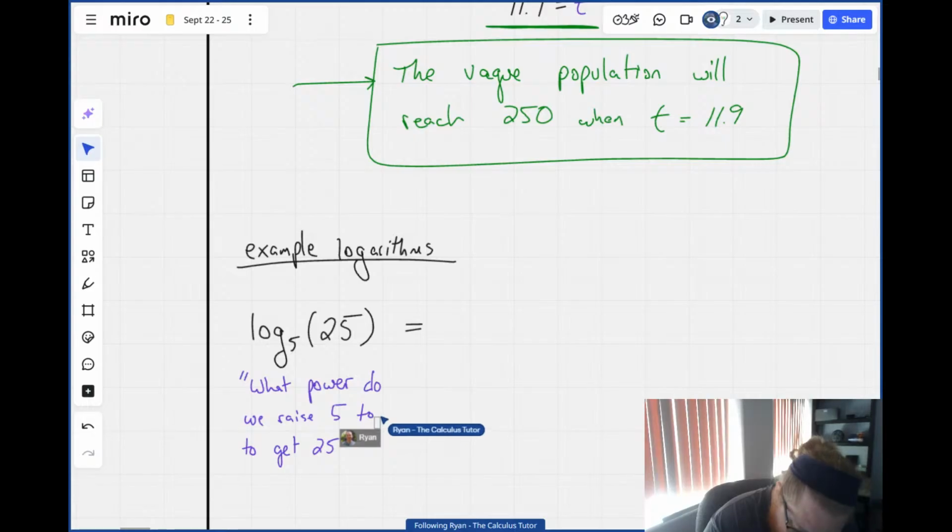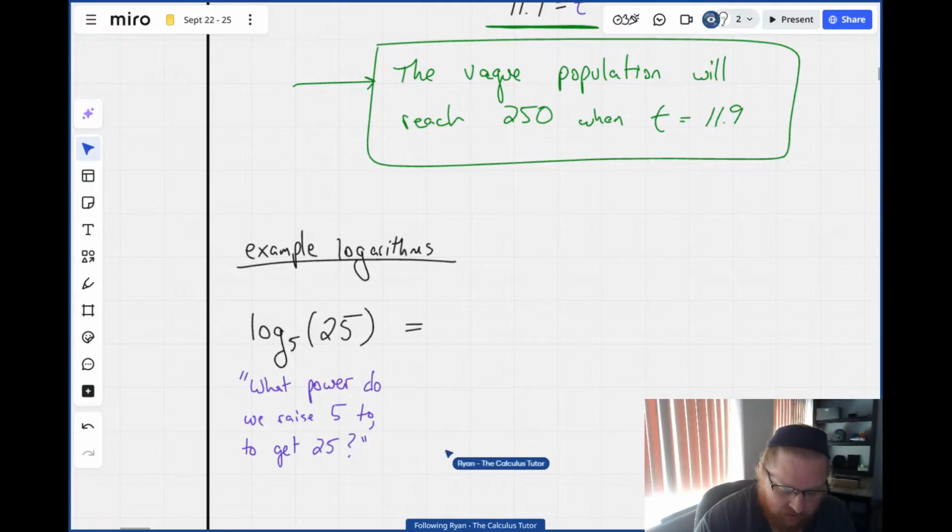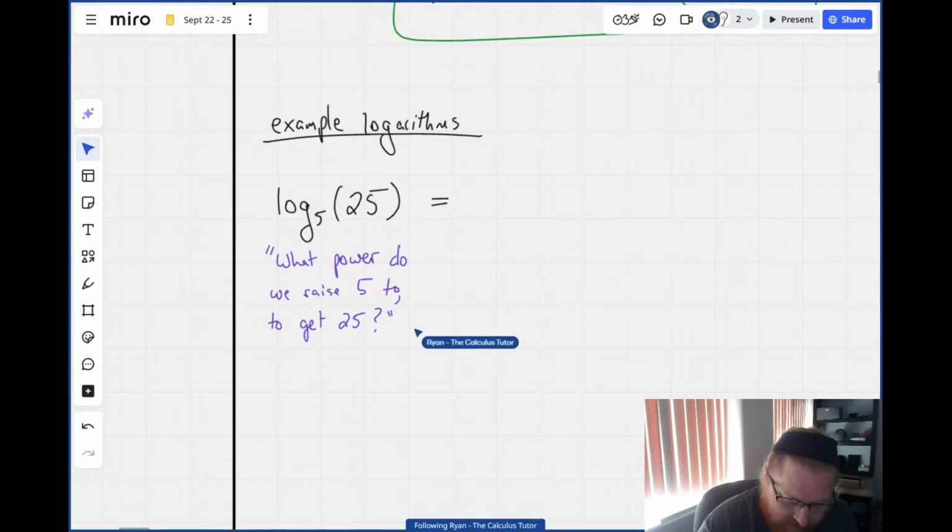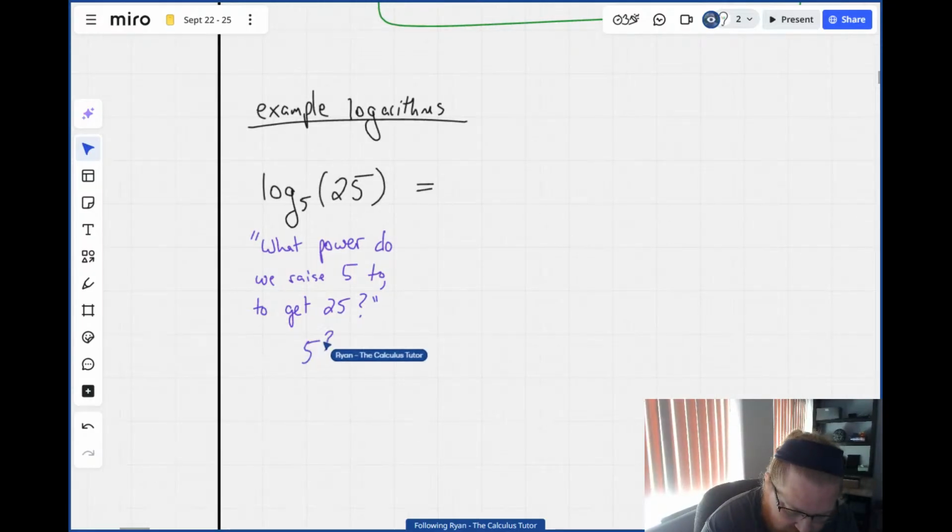That's supposed to be a comma, right? Or another way to say it is 5 raised to the question mark or x or whatever equals 25.